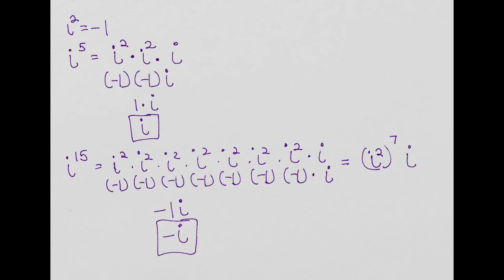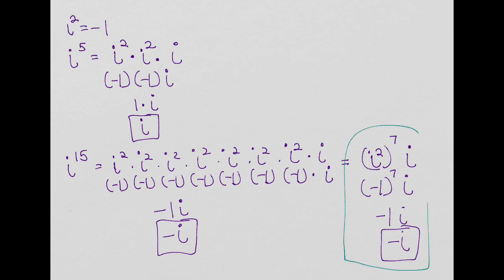That leaves us with 1 more. And then i squared is -1. So -1 to the 7th power. Again, on this power, if it is an odd number, then your answer is negative. If it's an even number, your answer is positive. So this is -1 times i, so that's -i. So I think it is easier to follow this pattern than to write it all out, because sometimes we'll have even larger numbers.